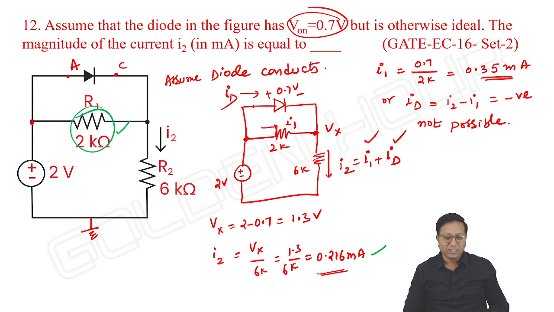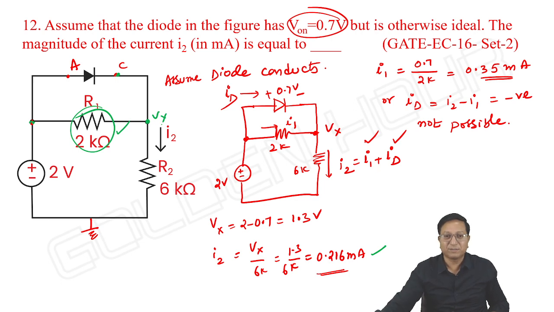If so, what might be the anode voltage and the cathode voltage? Anyway, the anode is connected to 2 volts. The anode is right at 2 volts. And what about the cathode voltage? The voltage across the diode cannot be 0.7 volts. It might be less than that. How to find it? Let me take this voltage as Vx as usual.